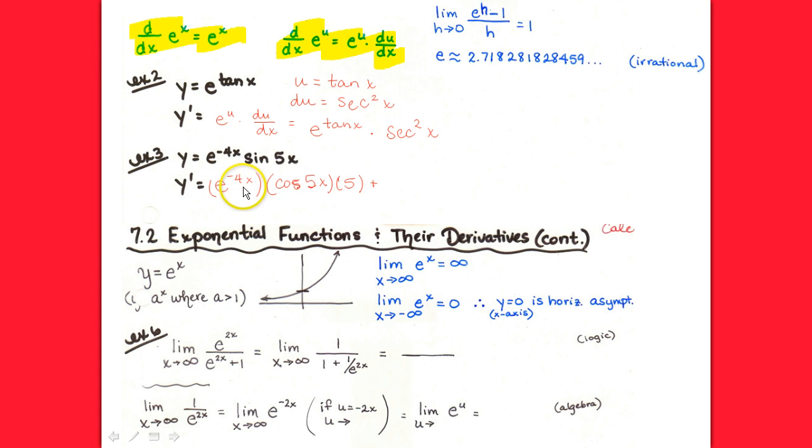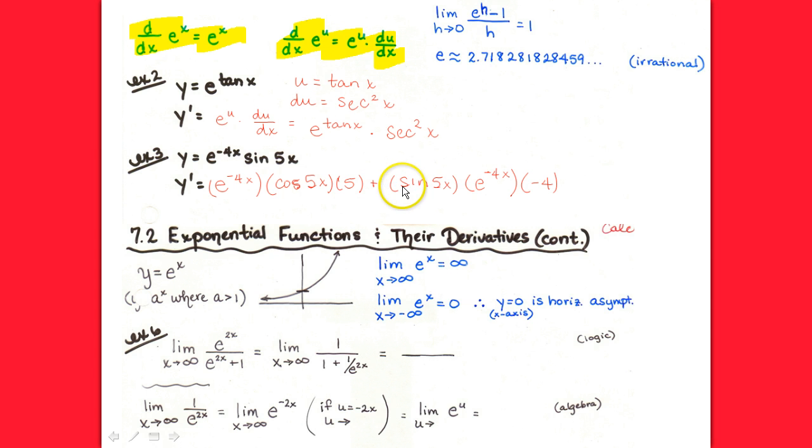So here's first times derivative of second. So we did cosine 5x times the derivative of the 5x. There's our chain rule again. All right, now we need plus second times derivative of first. So let's think about the derivative of e to the negative 4x. What would that be? Negative 4 e to the negative 4x. Yes.